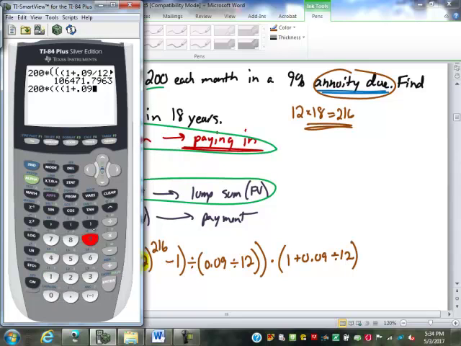My calculator has been, well, technically it's my computer screen that's been acting bad all day, so I'm going to assume it's me that's wrong. $108,074.86.